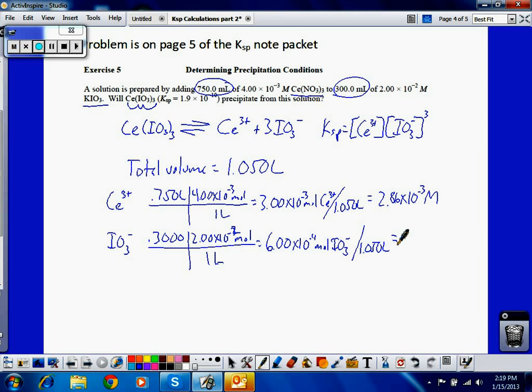So that tells me that the concentration of that ion is 5.71 times 10 to the negative fourth molar.